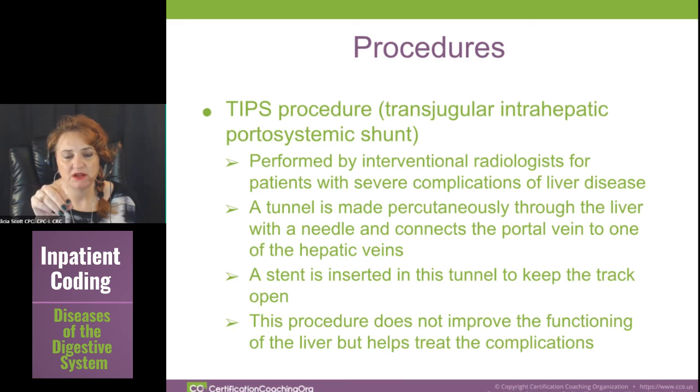They go through the liver with a needle, and they get the portal vein and connect it to one of the hepatic veins. Sometimes they'll put in a stent, which allows free flow and keeps that tract open. The procedure does not improve the functioning of the liver, but it helps treat the complications that are involved.